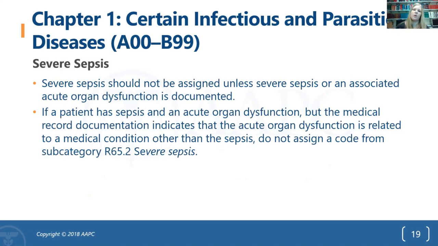Severe sepsis codes should not be assigned unless the provider documents severe sepsis or there's an associated acute organ dysfunction. If a patient has sepsis and an acute organ dysfunction, but the medical record indicates that the acute organ dysfunction is related to something else, then you would not assign the code for severe sepsis because that acute organ dysfunction is related to something else.